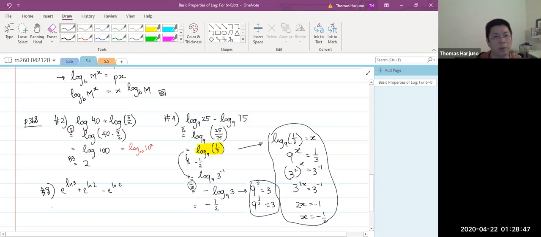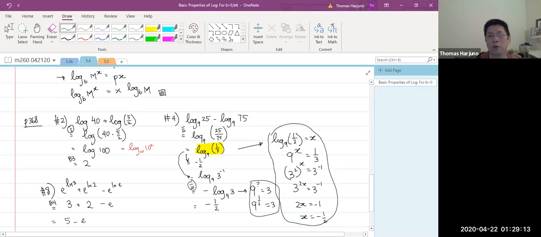Using basic property number 4, e to the ln 3 is 3, e to the ln 2 is 2, and e to the ln e is e. So the final answer will be 5 minus e.